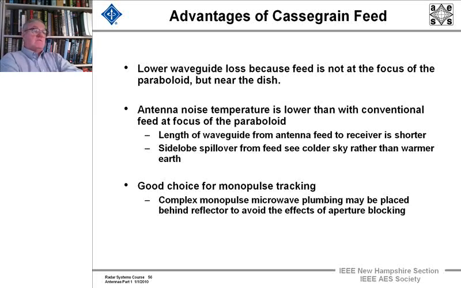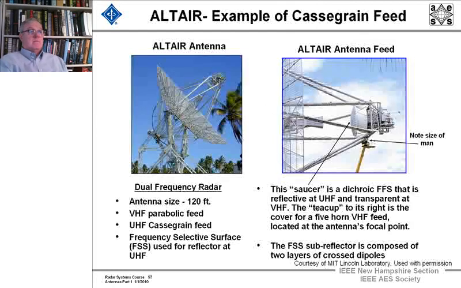You remember that from the radar range equation section. And it's a good choice for a monopulse tracker because you're going to have complex monopulse plumbing. That means waveguide structure, and that may be placed behind the reflector and avoid a very complex feed system running up to the focal point of the parabola.